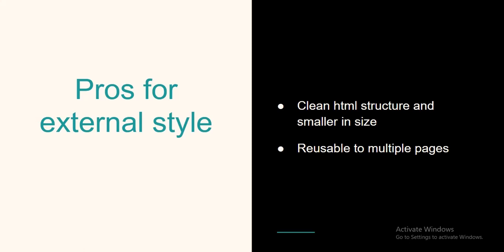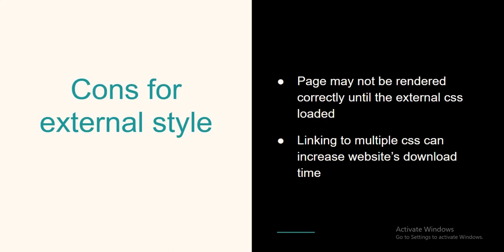If we used the type of style we saw earlier, you would have to take the style and put it on this page, then on this page, then on this page. But when you use external style, you just link your style to that HTML page, and the style is applied to the page automatically. It is reusable. All right, let's look at the disadvantages.